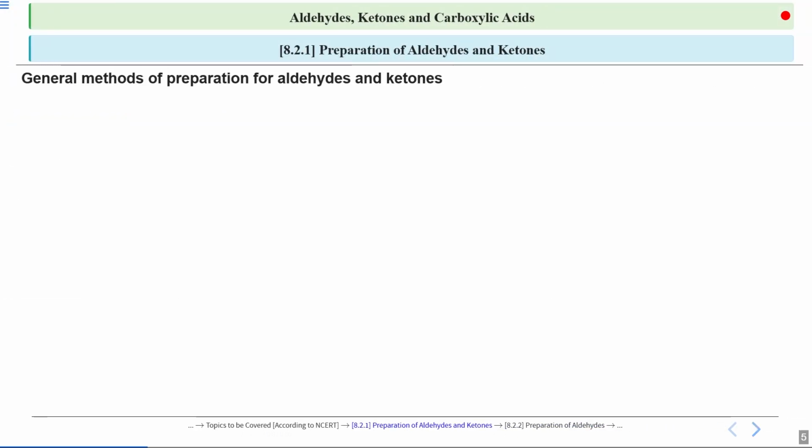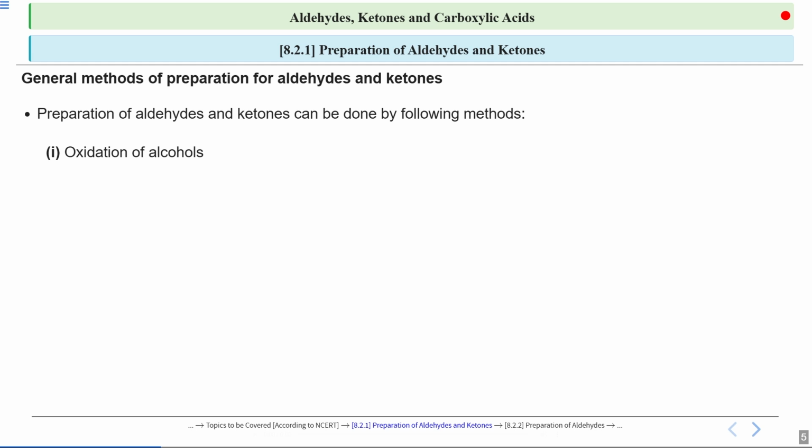So let us start with the general methods of preparation of aldehydes and ketones. There are certain methods by which we can prepare aldehydes and ketones.